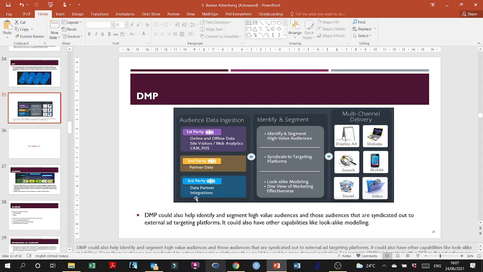Third party data is what we call the data partner integrations. Data partner integration here is, as I explained earlier, if you take your CRM, point of sale, or even your other partner data, which is data collected through another partner, and then, for example, give it to a consultancy company that can integrate it together and add some intelligence to it, then this becomes third party data. So first party data is where you're the one who collected the data, either through analytical techniques or tools or whatever.